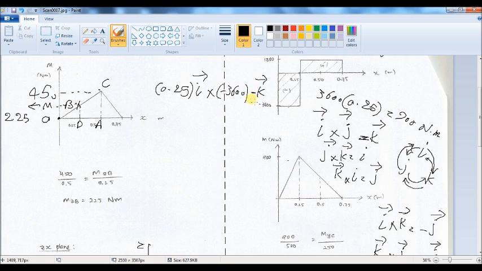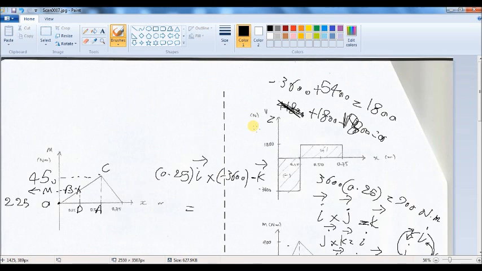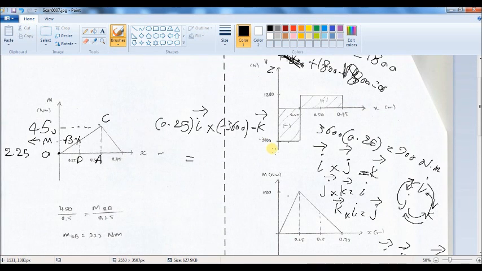So the result of i times k is negative j. But as you can see, we also have a negative here. So negative times negative will be positive. That's why the result of this is 900 j, positive j. Okay, I will repeat one more time. Here we have positive x, so we will write 0.25 i times negative 3,600 k.